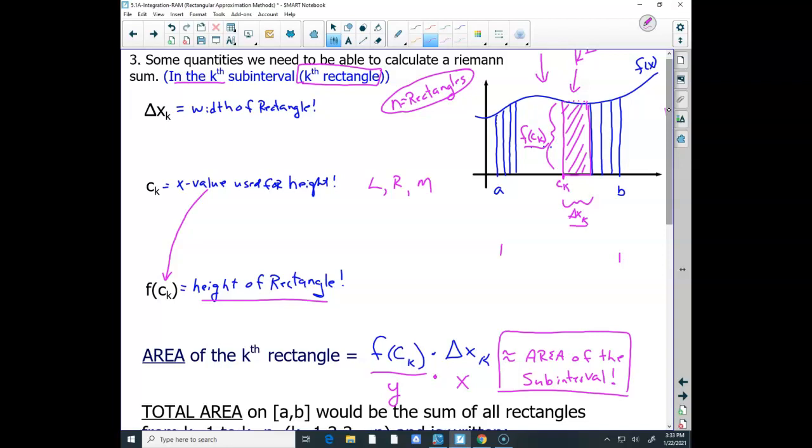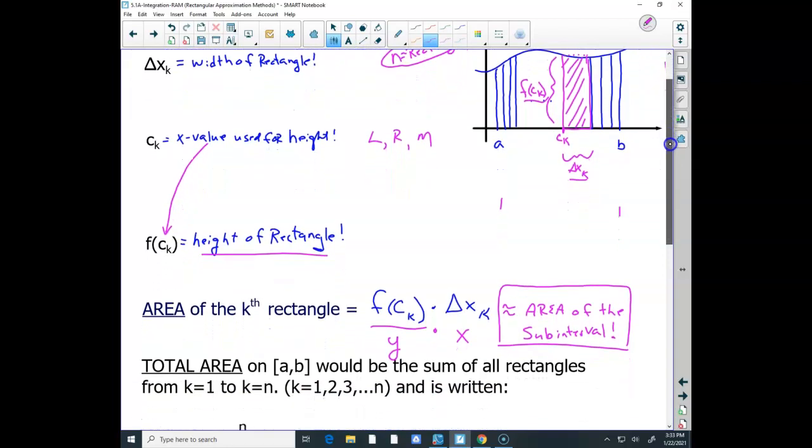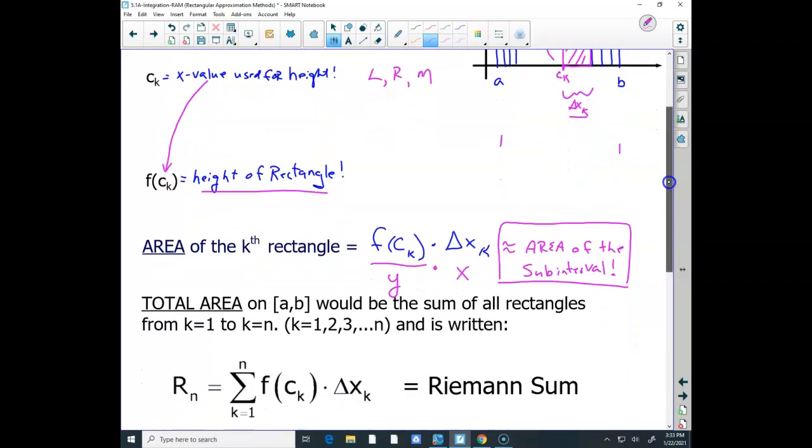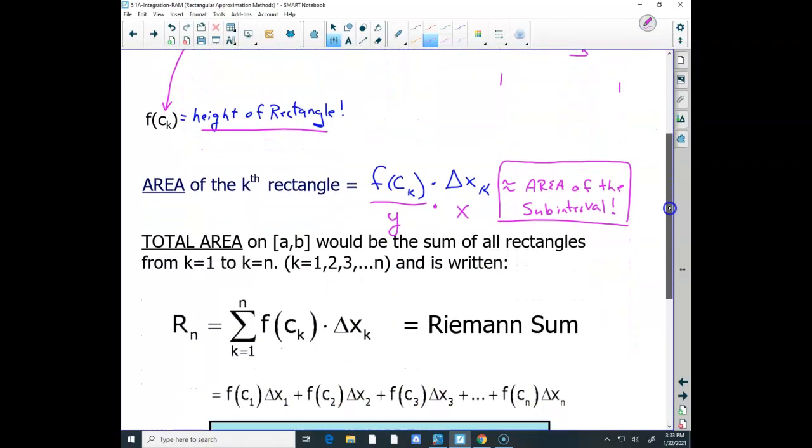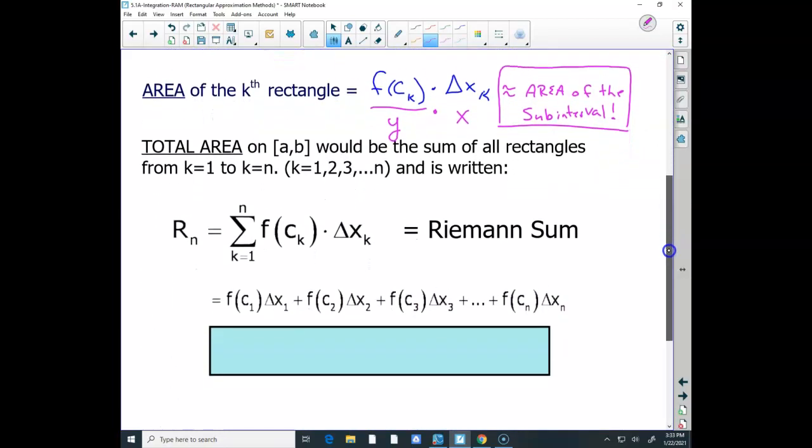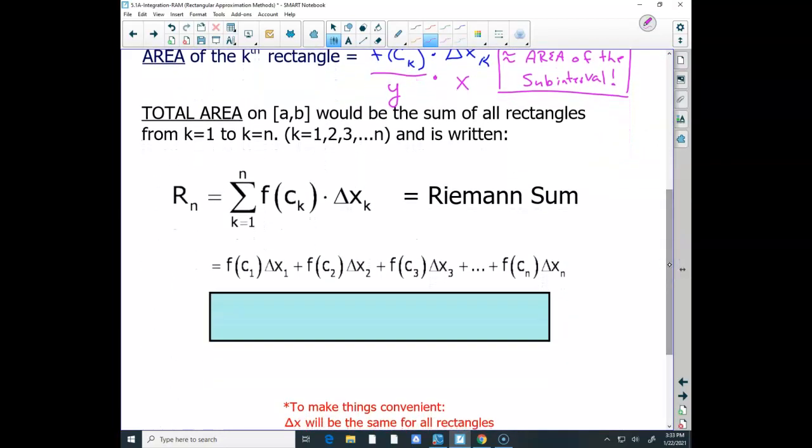Once we hit an infinite number of rectangles, we will have a perfect, exact amount of area, but we're not there yet. After we have all of the areas of our rectangles, remember in Algebra 2 they really got into a sum.